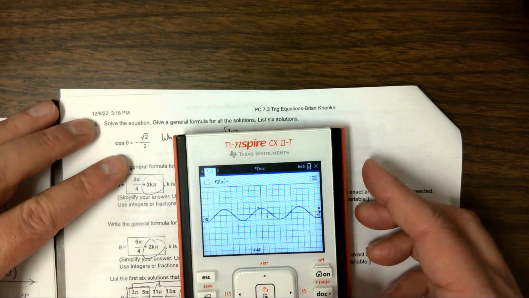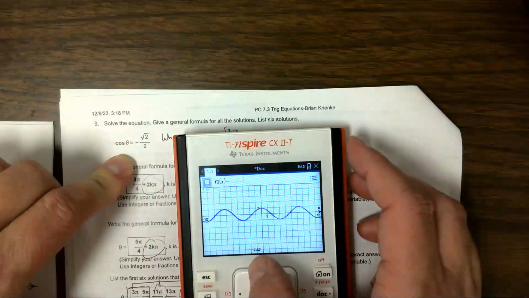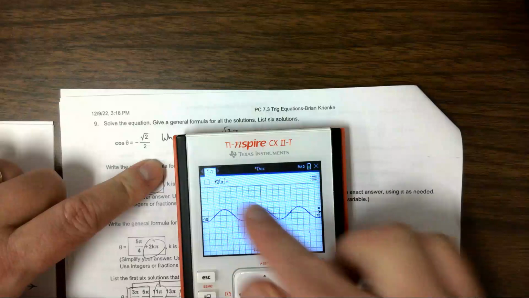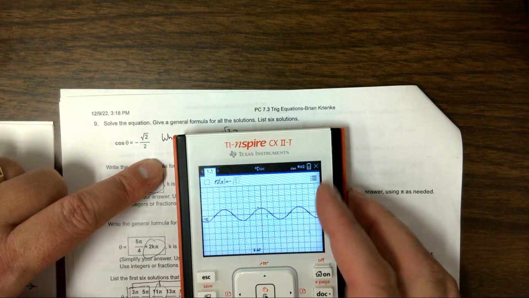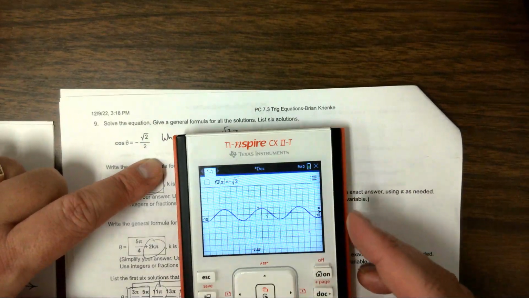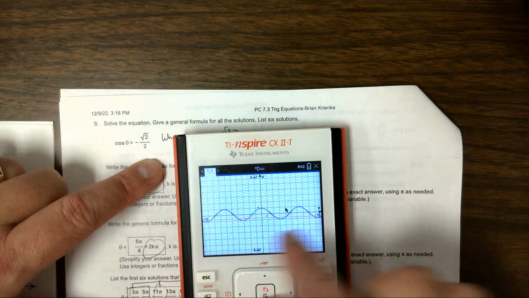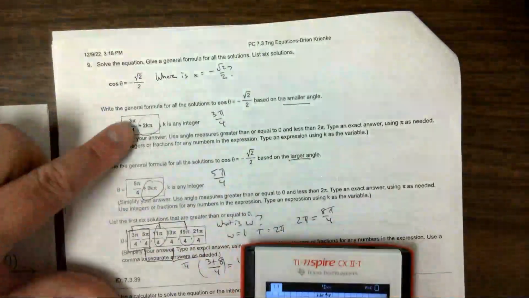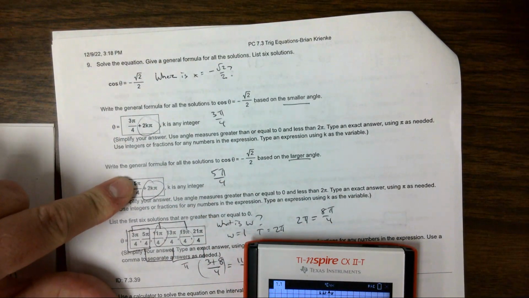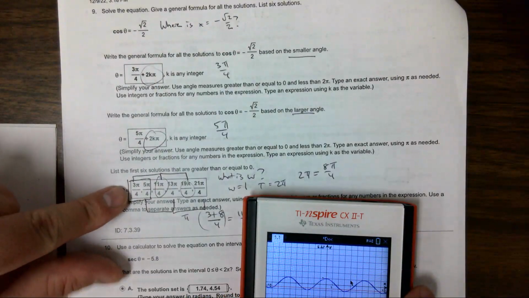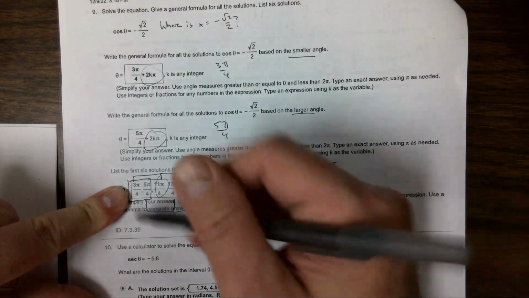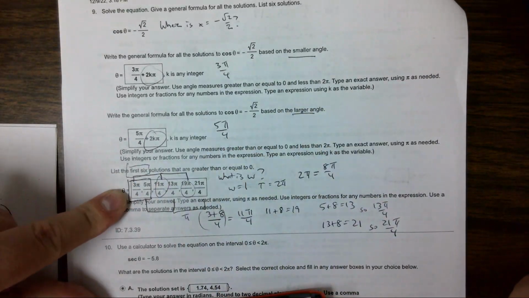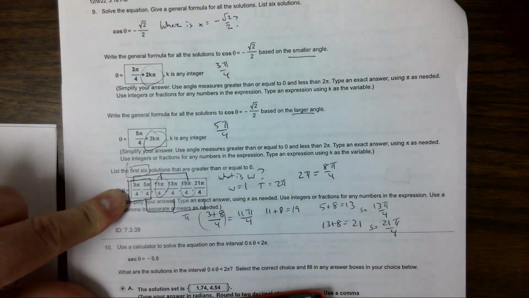Cosine x is 8. I'm sorry, what did I say? F1 is cosine. F2 is negative square root of 2 over 2. So there, and we want the general at first, so you can't use your calculator for these, but on these it says, what are the first 6 answers?